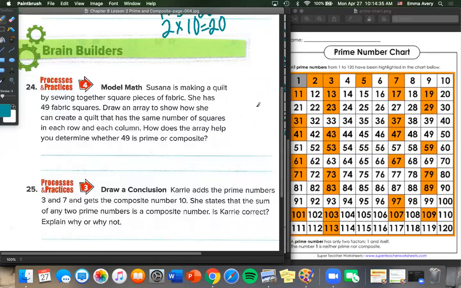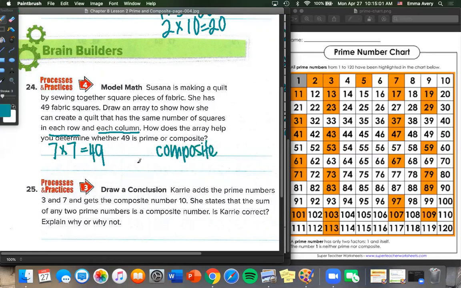Well, I don't have the room to draw a diagram over here, but we can look at our multiplication chart and we can see that 7 times 7 equals 49, which would give us an equal row and equal column. We can also look over here and see that 49 isn't highlighted, so it must be composite.